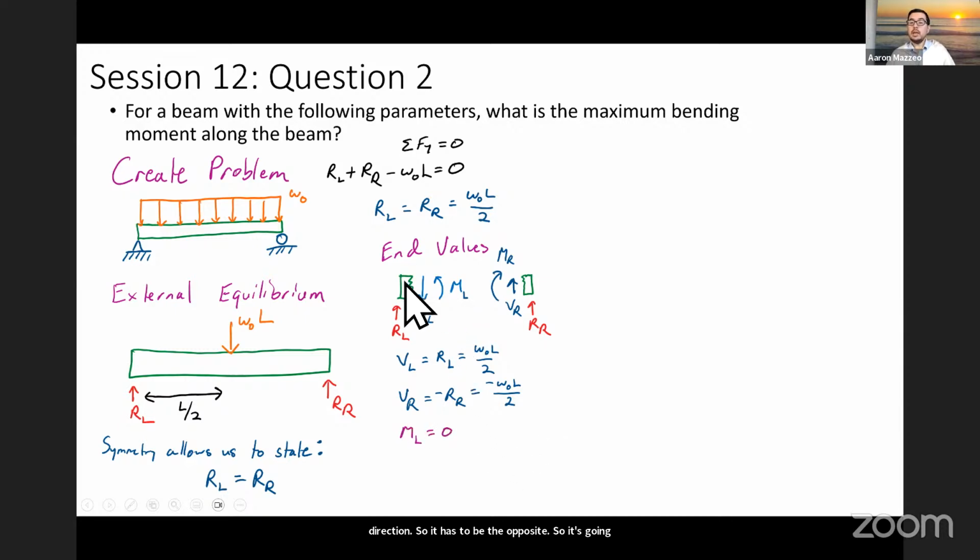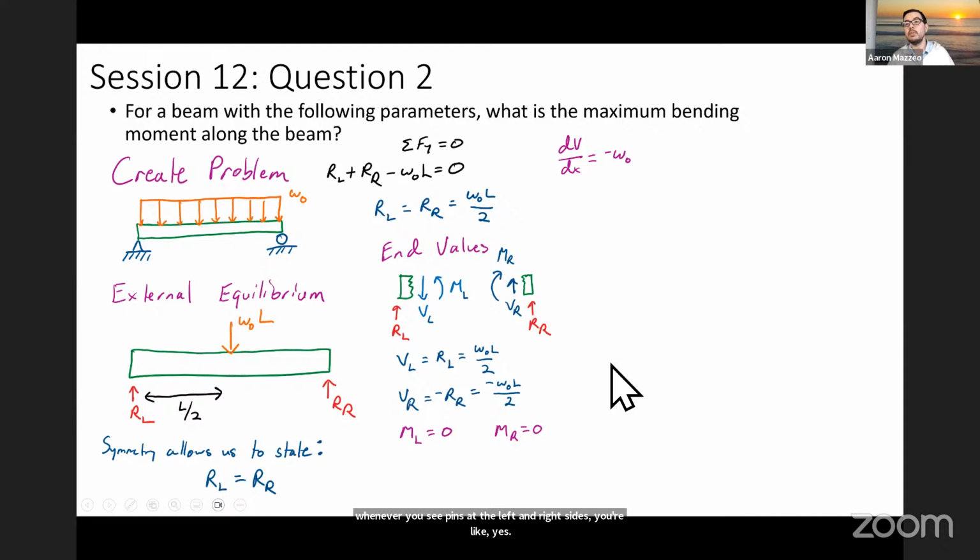At the left side, there's no moment being applied from this pin, so that's nice and easy. And the same from the right side, there's no moment applied at the pin. Okay, so whenever you see pins at the left and right sides, you're like, yes, I don't have to think about the internal. I know that the internal bending moment right at those pins is going to be equal to 0.